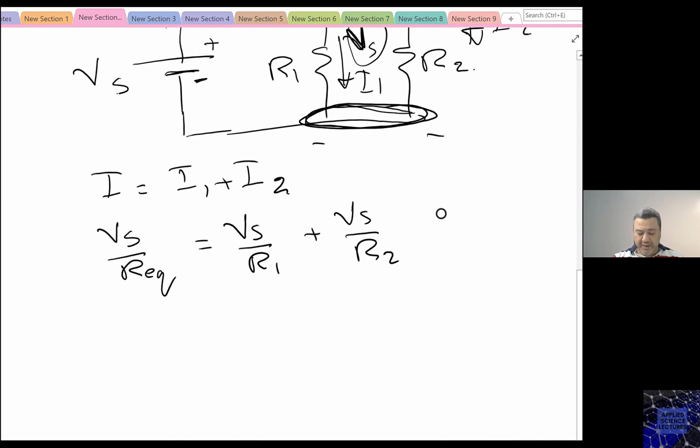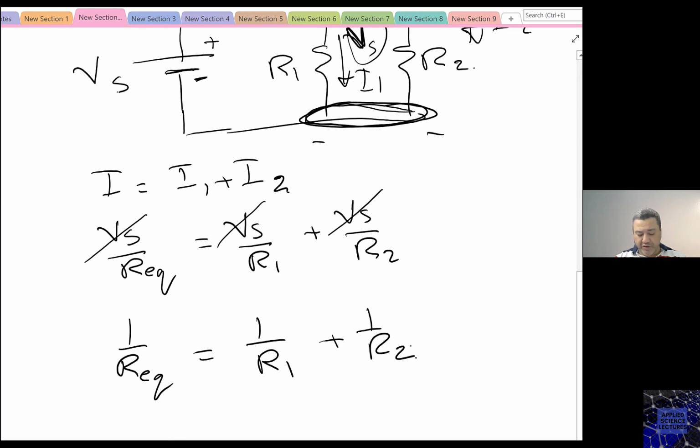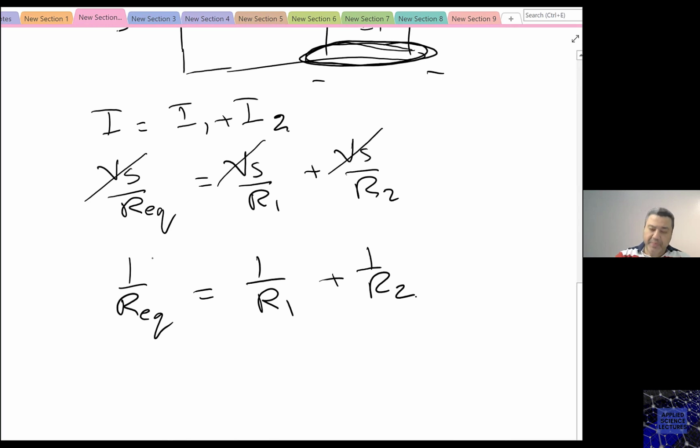So in this case, Vs is common, so I can cancel Vs, and I end up with 1 over R equivalent equal to 1 over R1 plus 1 over R2. This means that the inverse of the equivalent resistance in a parallel configuration equals the summation of the inverses of those resistances connected in parallel.